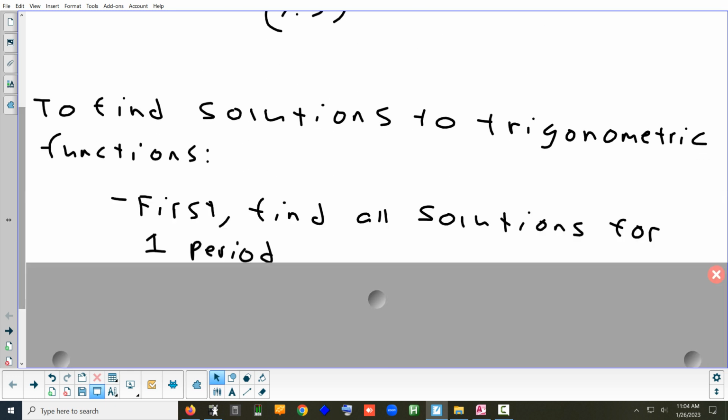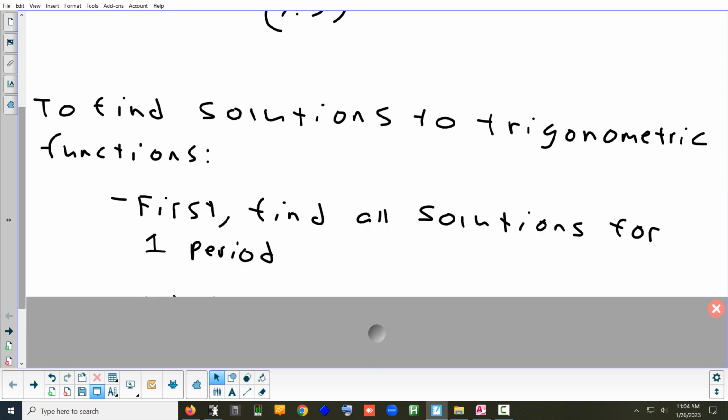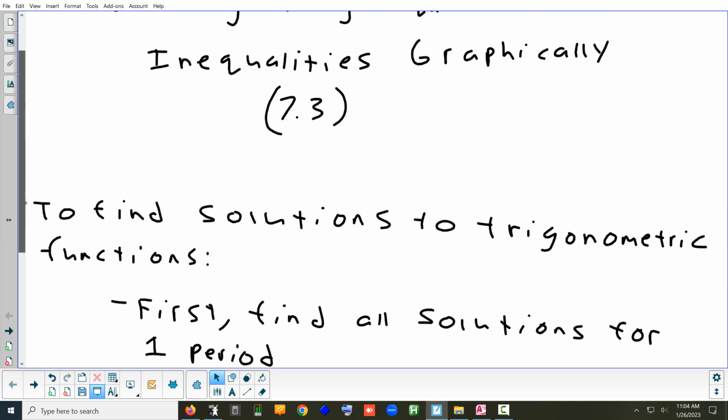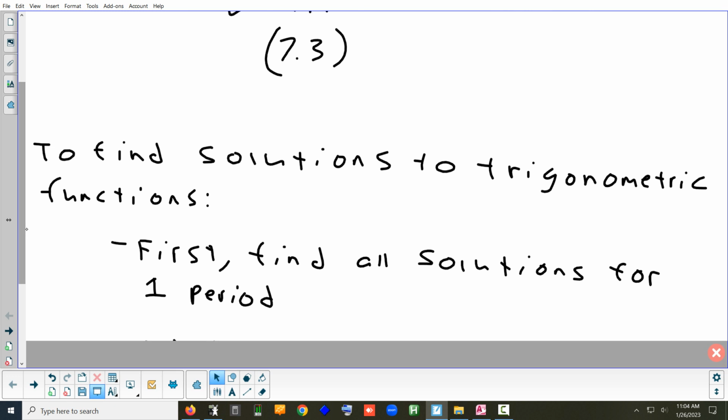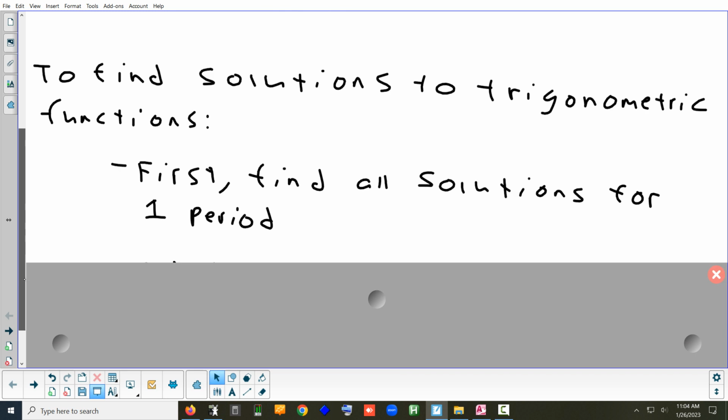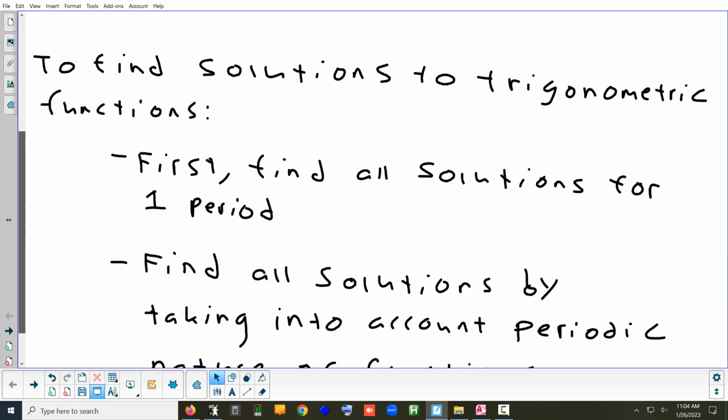All right. So this is kind of a review of what we've done before. But remember, if they ask you to find all solutions to a trig equation, like they did last night in the homework, the first thing is you graph it on the calculator, you set your window to 1 cycle, and you find all the solutions that are in 1 cycle.